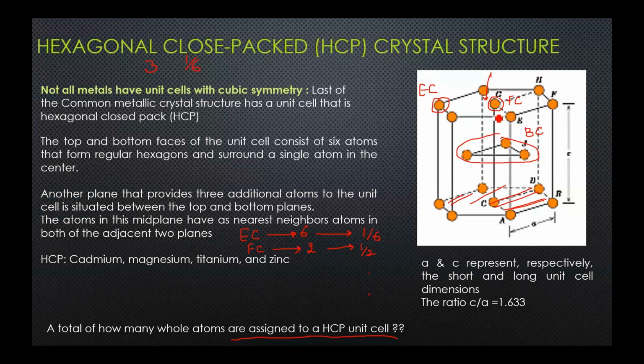One unit cell is the one in which the atom is being shown to you, and the other unit cell is on top of it. Similarly, the body-centered atoms: the contribution of a single body-centered atom in an HCP unit cell is what? It is being shared by how many? One unit cell, and the contribution would also be 1.